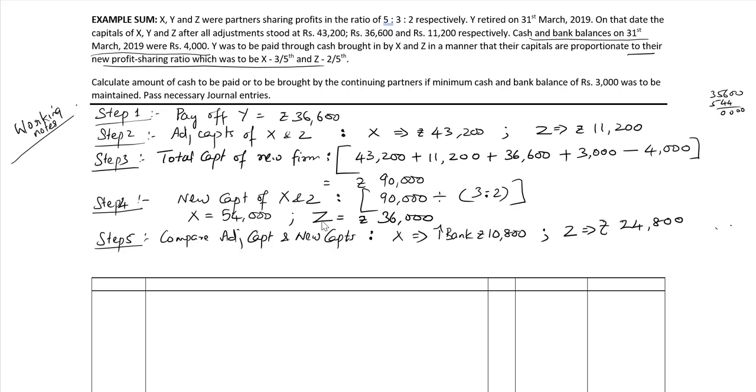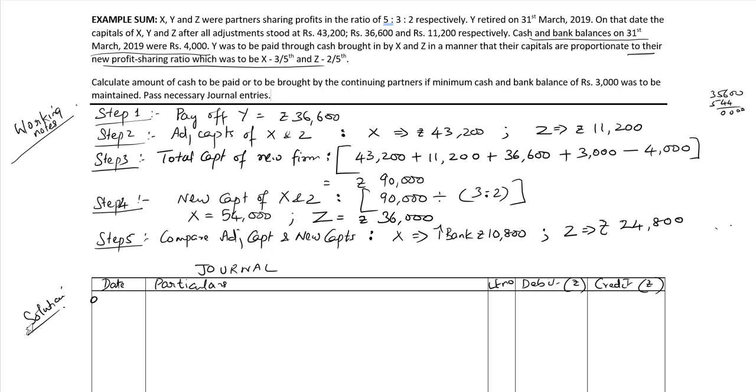So let's pass the journal entries. Solution. Journal. Date. Particulars. LF number. Debit rupees and credit rupees.